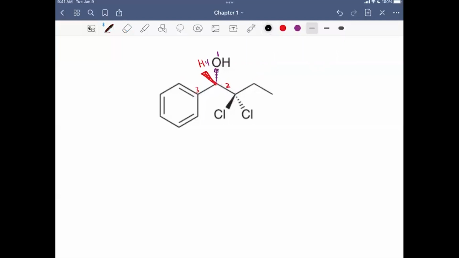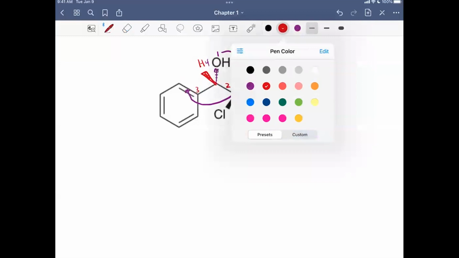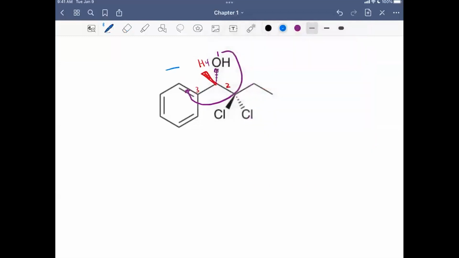Now, one thing to note here, again, this would go in a clockwise direction, but since our hydrogen is on a wedge and we want it on a dash, so we want it switched around, you have to switch around the R versus S. So this would go in an R direction, but since we have to switch it around, it is now S.